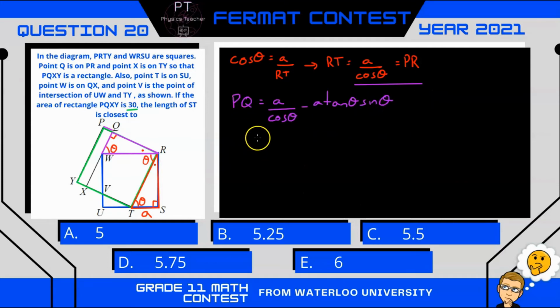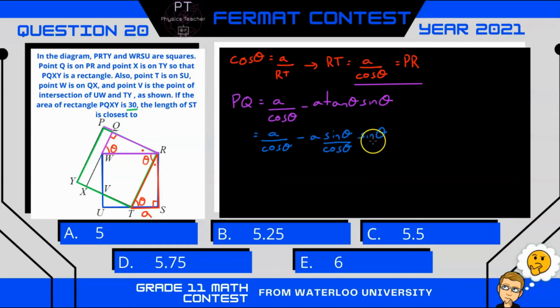Alright, so first thing I am going to do to simplify this expression is use a trig identity, where tan theta is the same as sine theta divided by cos theta. So we replace tan theta with sine over cos, and then we still have this sine theta here.